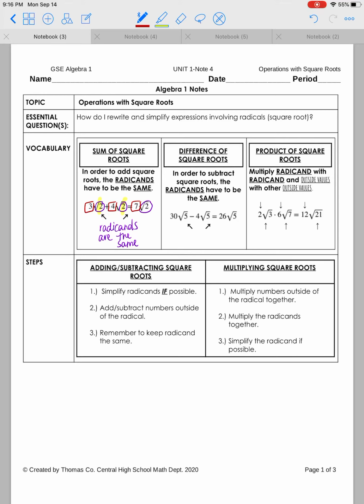So if I'm going to subtract or take the difference of the square roots, it's the same concept. In order to subtract, my radicands still have to be the same. So if I look at this problem, 30 square roots of 5 minus 4 square roots of 5, my radicands are square root of 5. So my radicands are the same.